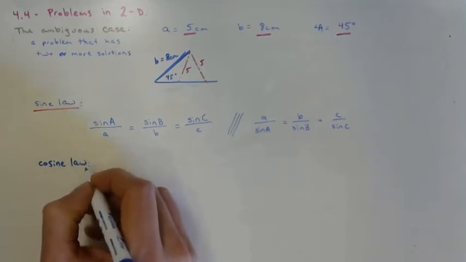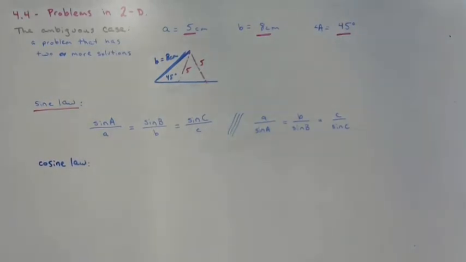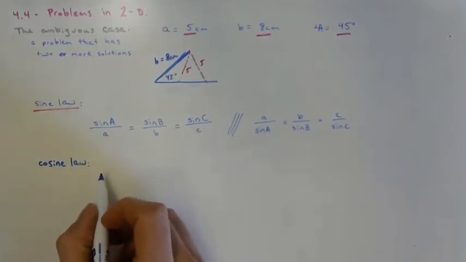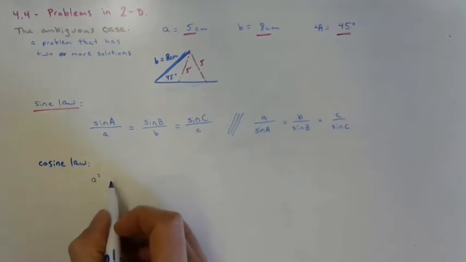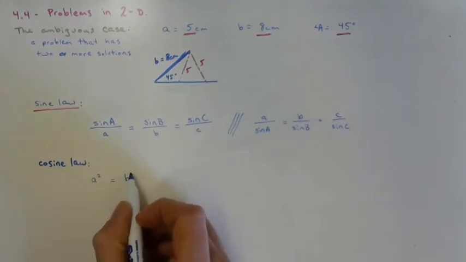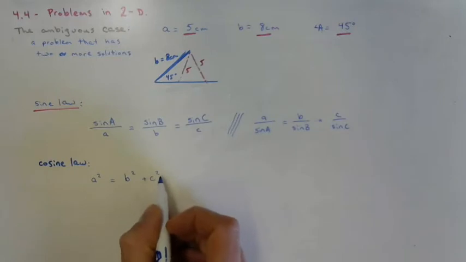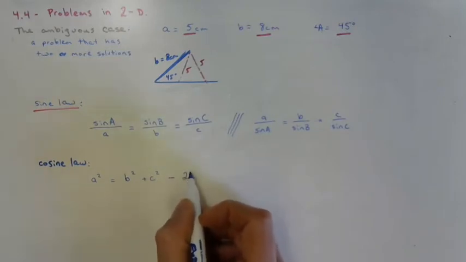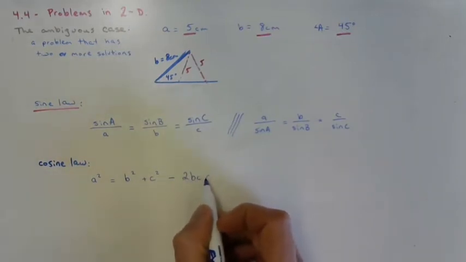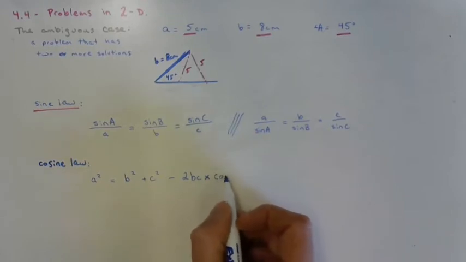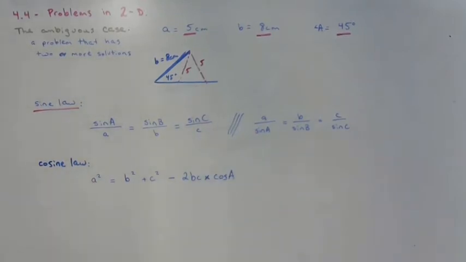The cosine law is a little bit harder to remember probably, but it says that a squared equals b squared plus c squared minus 2bc times the cosine of angle A. Written in this form, it's very useful for solving for a side length.